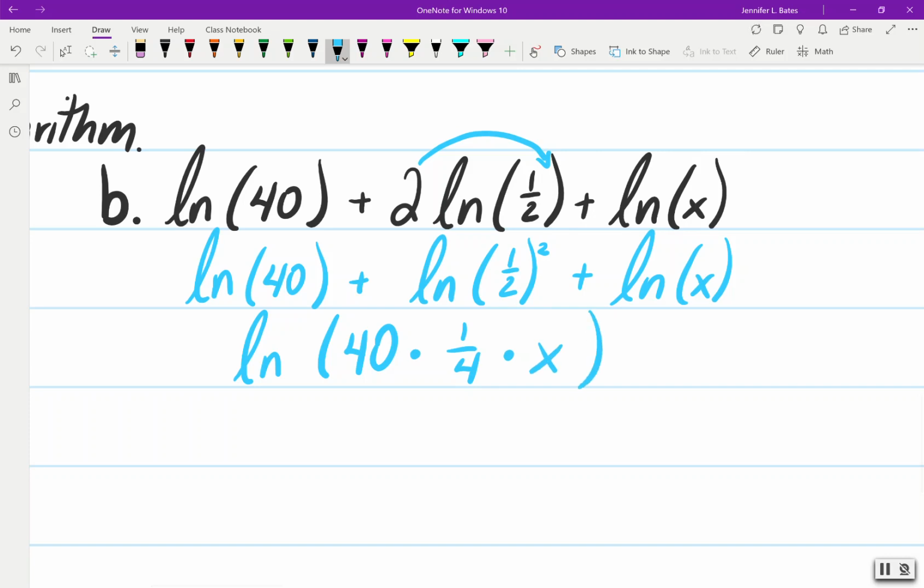And we can just throw them all together all at once. Okay, so 1/4 of 40 is 10. And then we've got x. So we started by using property 3 and then property 1.